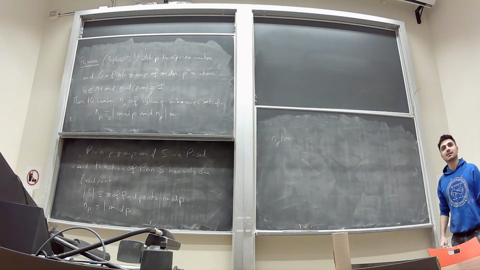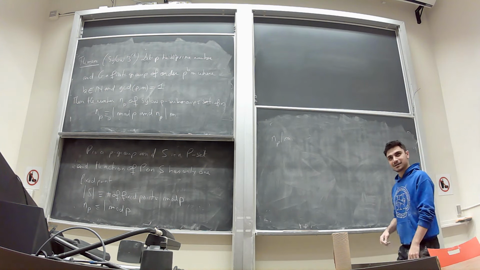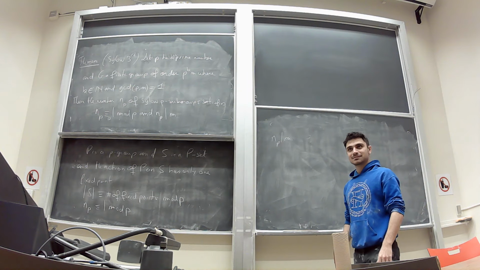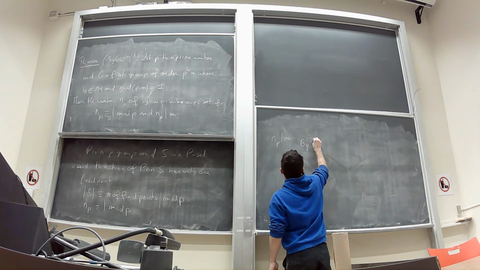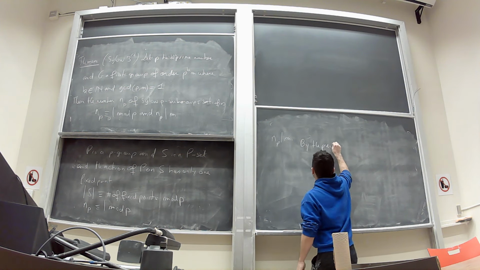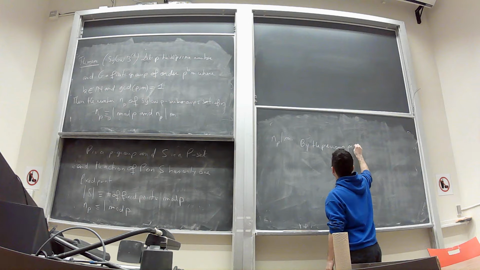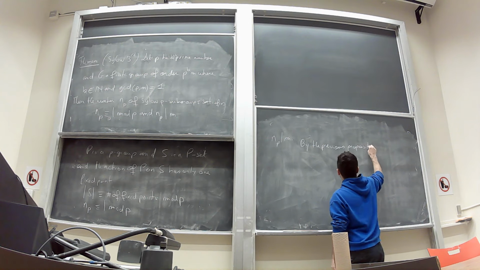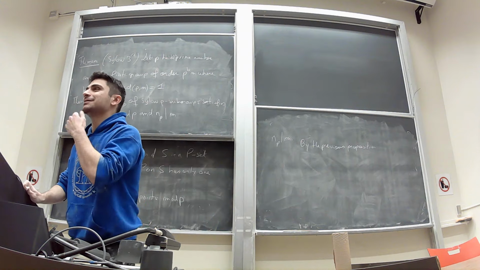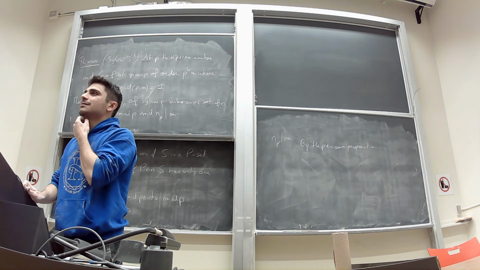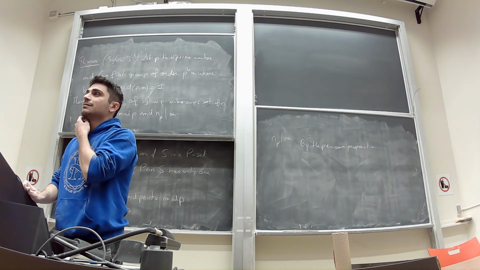By the proposition we proved just before, we get that the size of S, which is the number of Sylow P subgroups but also the number of conjugates, is equal to the index of the normalizer in G.